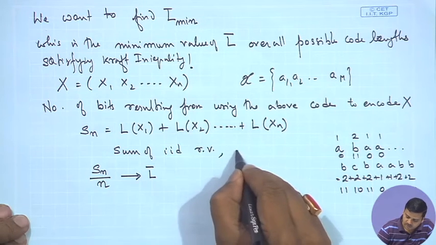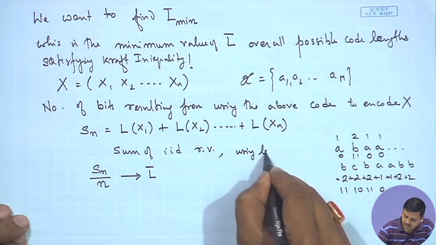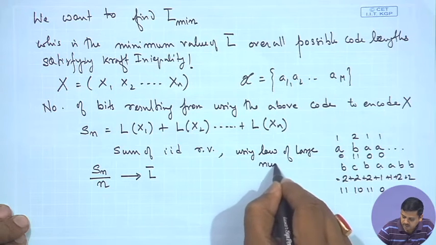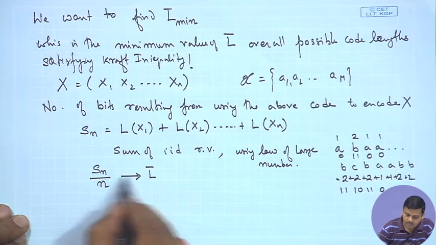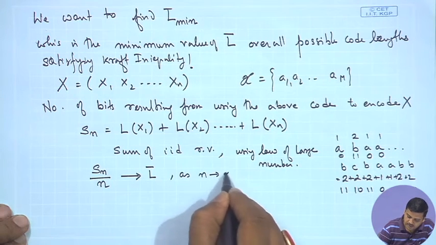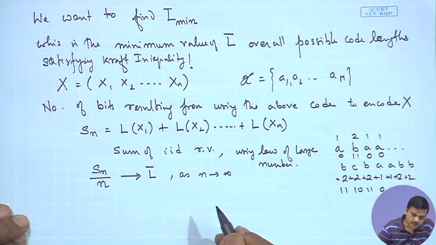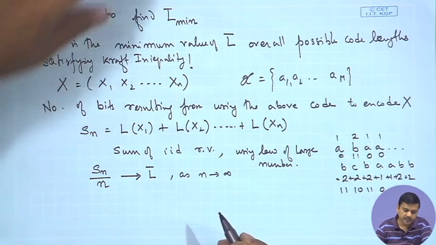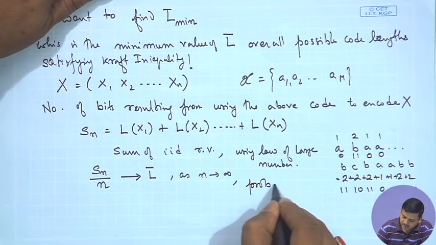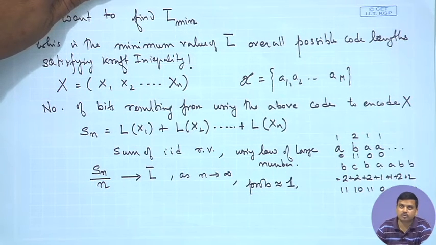So, using the law of large numbers, we could say this as n tends to infinity, and not only that, we can say that this approaches this with a probability of this happening almost close to 1.